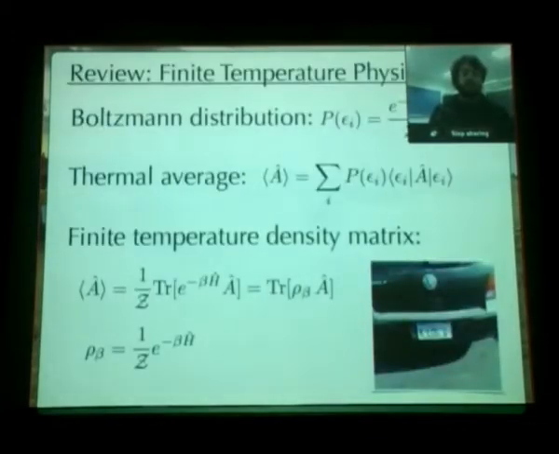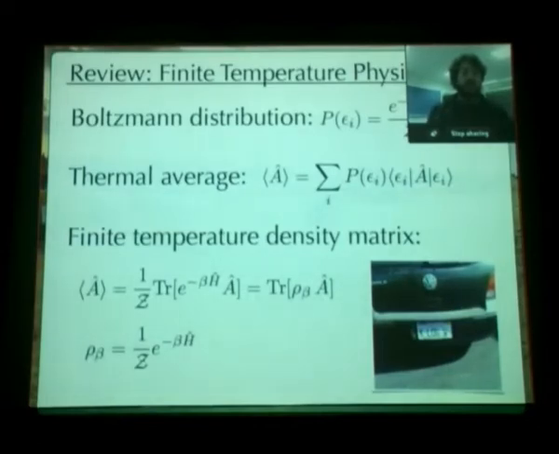Unfortunately that's cut off, but you all know the Boltzmann distribution. First, just a review of finite temperature physics. The idea is we want to work in the canonical ensemble, which in the case of energy eigenstates is a set of states with weights that are nothing but the Boltzmann weights: e to the minus beta times the energy, normalized by the partition function Z. Then once you have these energy eigenstates, you sum over them with these weights, and you get the correct thermal average.